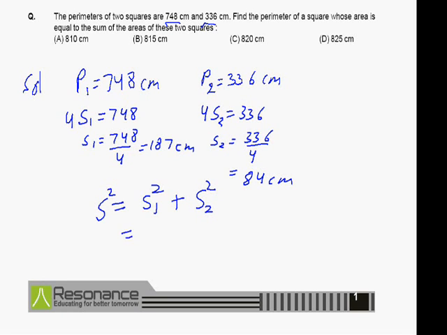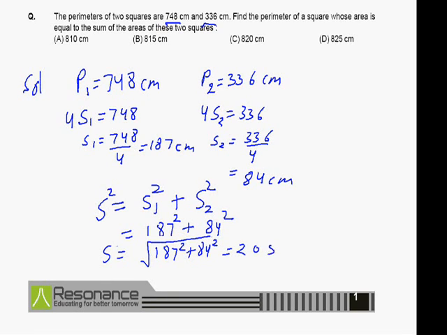So S equals under root of 187 square plus 84 square, which comes to 205 centimeter.